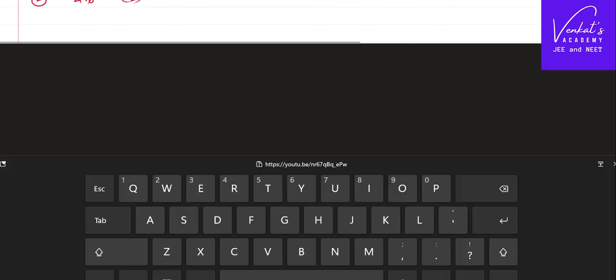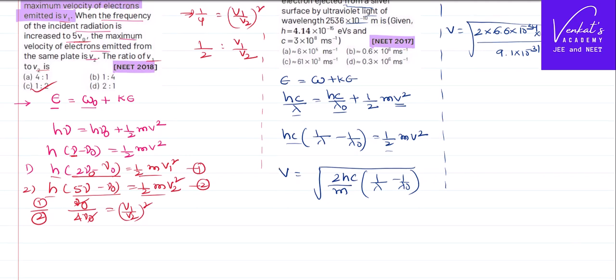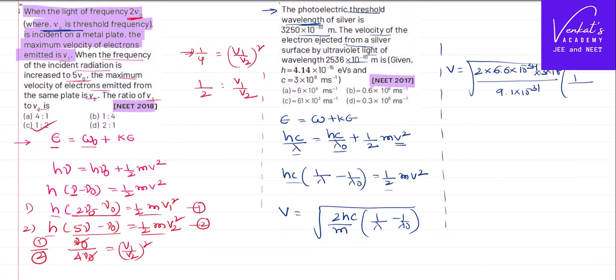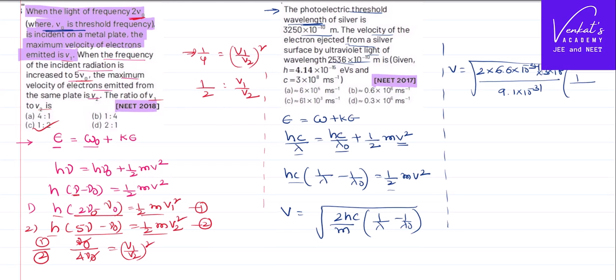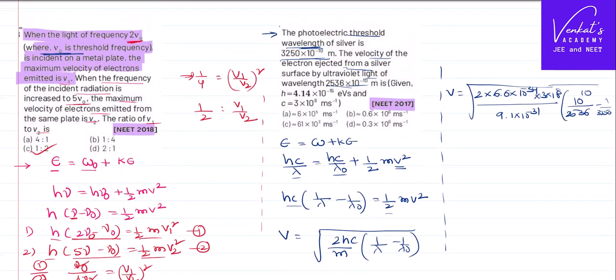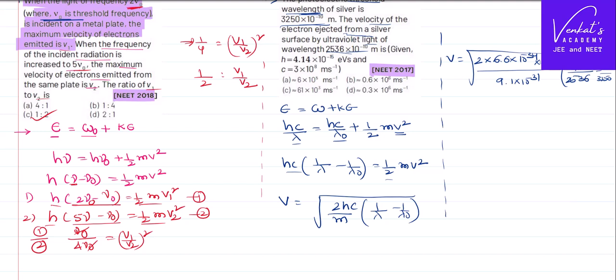What is the lambda that is given for us? The incident wavelength is 2536, 10 power minus 10 will become 10 power plus 10 in the numerator, minus 1 by the other value, 3250, that was given for you, 10 power plus 10.